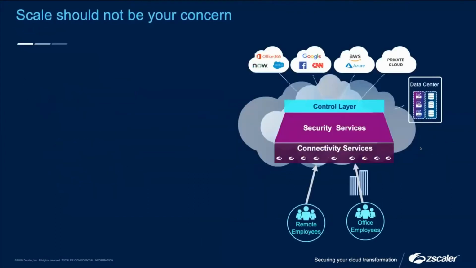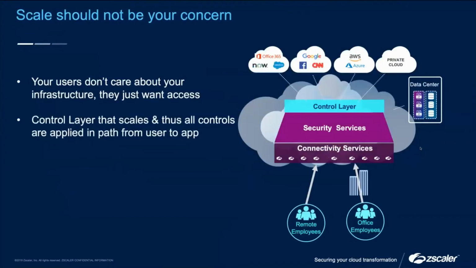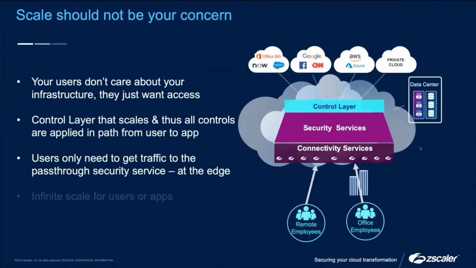So scale really shouldn't be something you need to worry about. And I'll put this up to show you just very briefly. I've mentioned this already, but the idea is that there's no infrastructure required in a service like this. Zscaler Private Access is purely cloud-based. So when we need to add more scale, we add more scale.